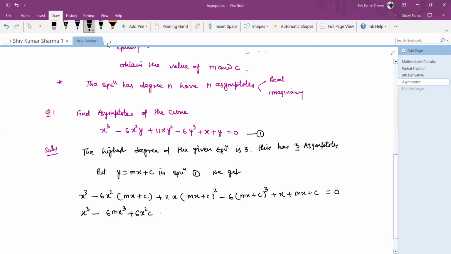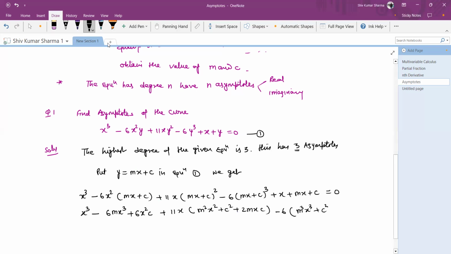So this gives us 11x. m square x square plus c square plus 2mxc minus 6 (mx plus c) to the whole cube. So (a plus b) to the whole cube, we have a cube. A cube means m cube x cube, plus b cube.